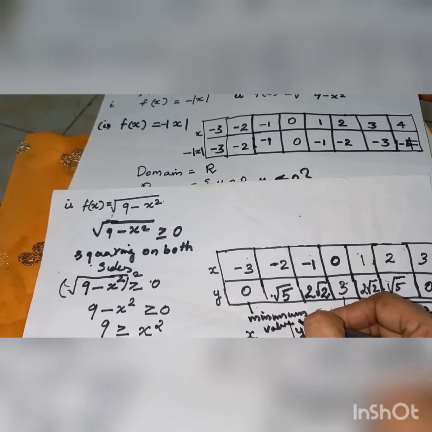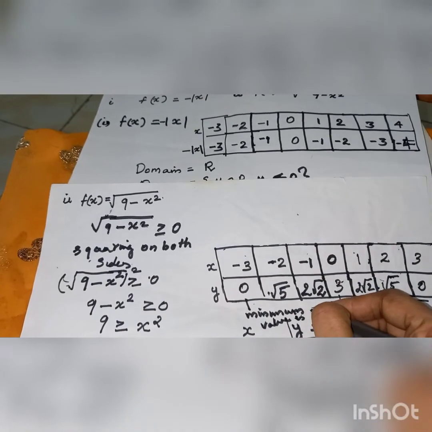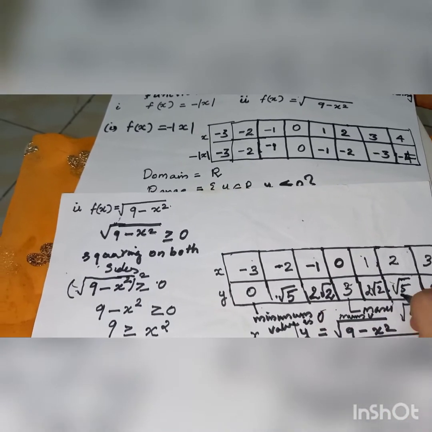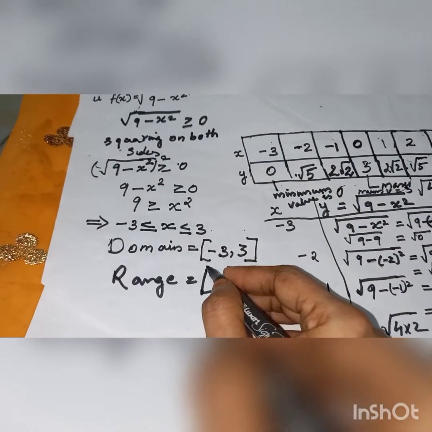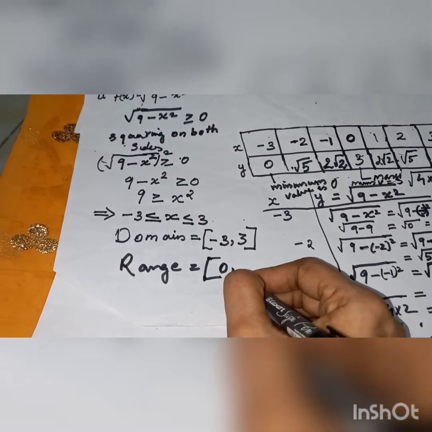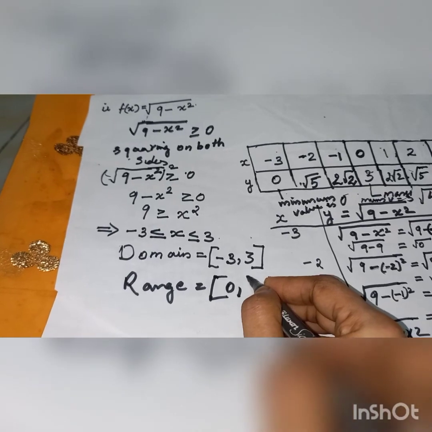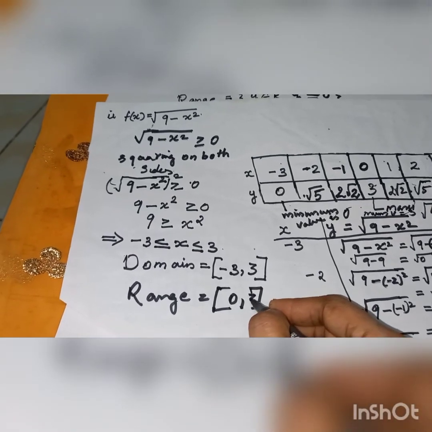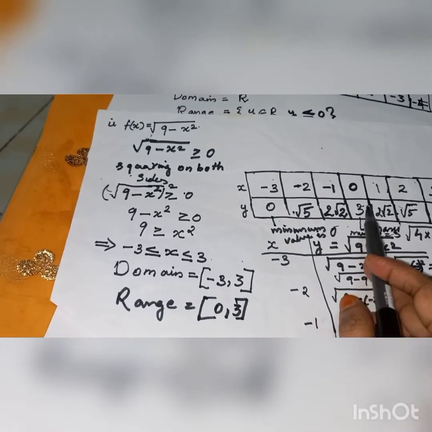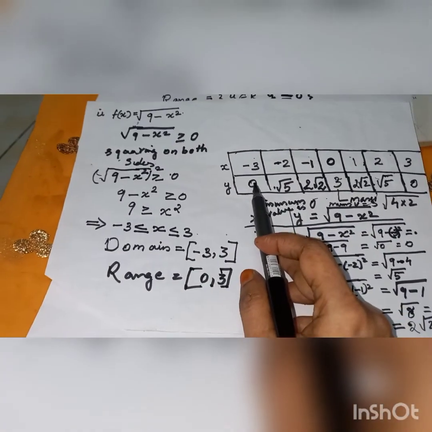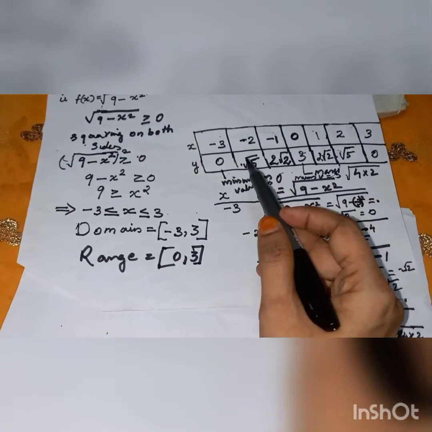Minimum value is 0 and maximum value is 3. So range is equal to the closed interval 0 and what is the maximum value? 3. We can see maximum value is 3 and minimum value is 0.